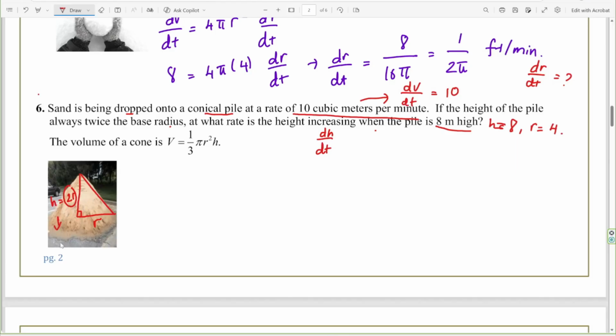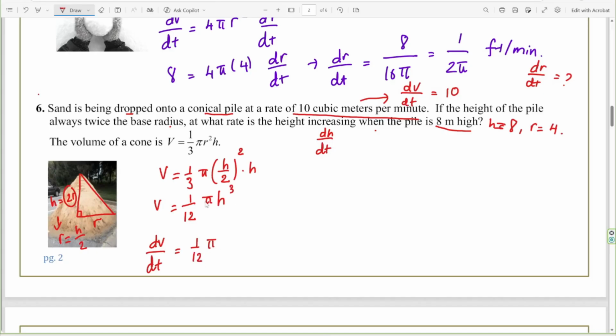So this means the radius equals the height divided by 2, right? So we have v equals 1/3 pi times height divided by 2, and then squared, right? Times h. Now we're going to simplify, so it will be v equals 1/12, right? Pi times h cubed, right? Now we're going to take the derivative of both sides with respect to t. So we have dv over dt equals 1/12 times pi.